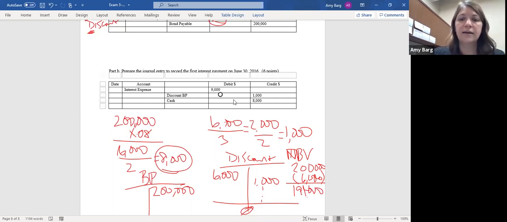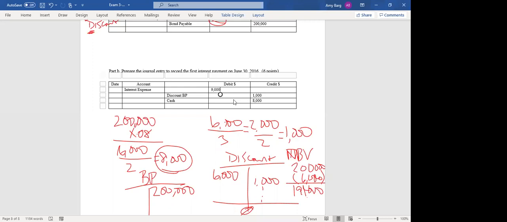So by decreasing the discount, right now it's 200,000 minus 6,000, but after 6 months it'll be 200,000 minus 5,000, so it'll be 195,000. And then after a year, it'll be 200,000 minus 4,000, so it'll be 196,000. And so eventually that net book value will creep back up to 200,000 after we've amortized all of the discount.